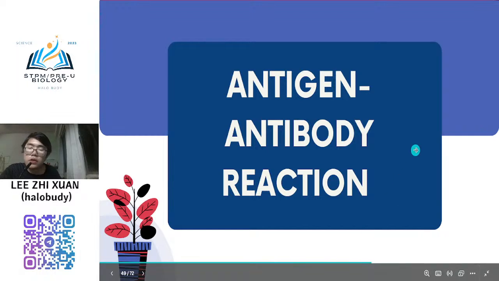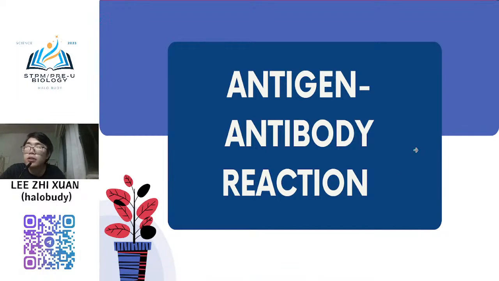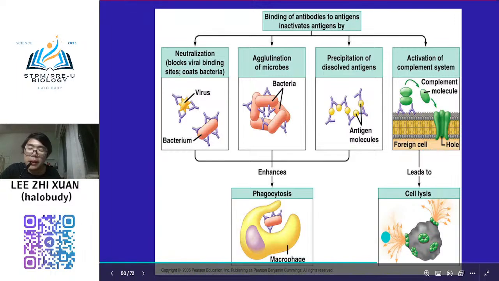So antigen-antibody reaction, I think this is the only topic that you actually learn from SPM. When you hear these terms, I think everyone is familiar with them: agglutination, neutralization, precipitation, and also phagocytosis.